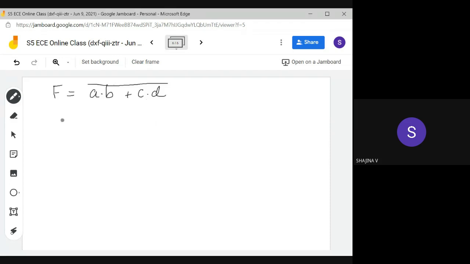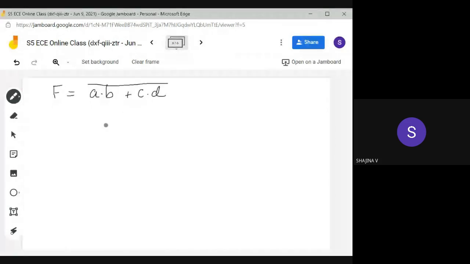So first you have to implement this circuit using CMOS logic. Before going to stick diagram, you have to draw the CMOS logic circuit, right? So first of all, I am drawing the CMOS circuit. That is here A into B. A into B means that for the AND operation, PMOS should be connected in parallel.